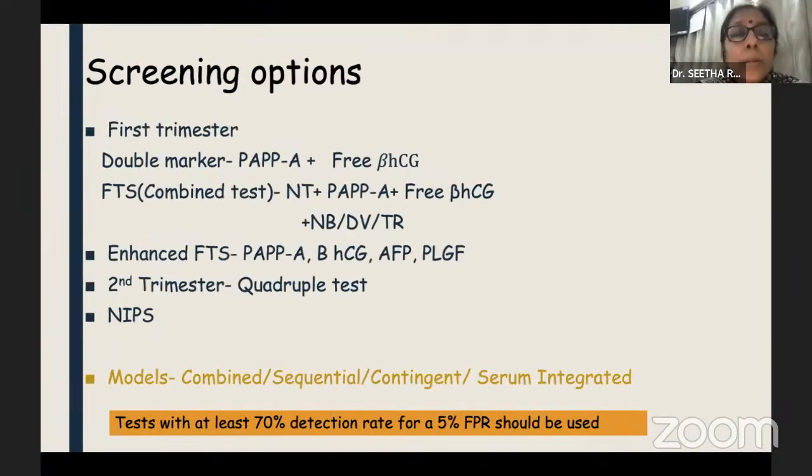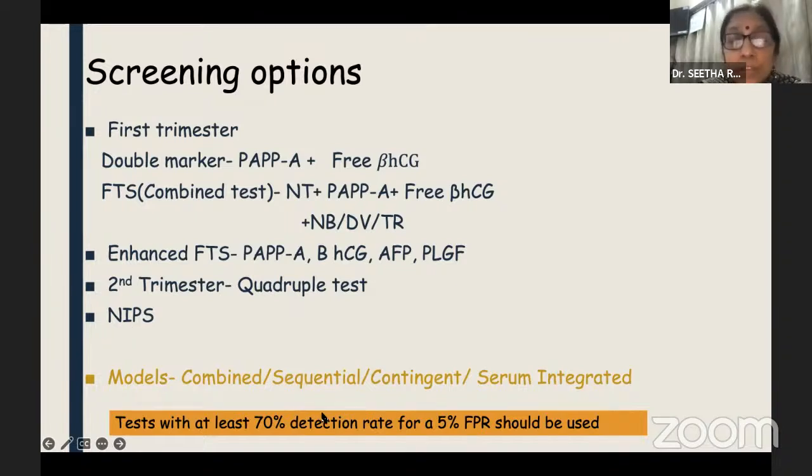So when we talk about aneuploidy markers in the first trimester, we have the double markers, which are PAPP-A and free beta-HCG. And of course, when we add other biochemical markers like AFP and PLGF, that becomes the enhanced FTS. In the second trimester, we have the quadruple test, which has the unconjugated estriol and inhibin, and of course, NIPS.